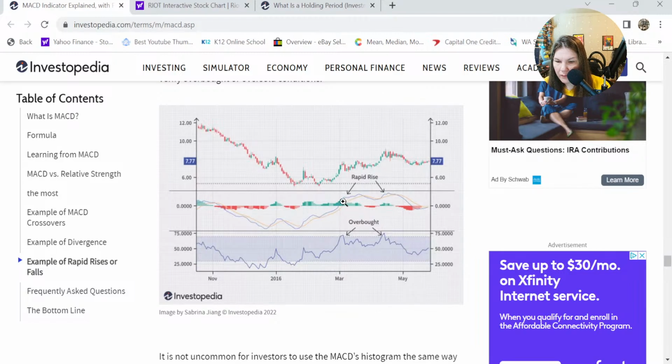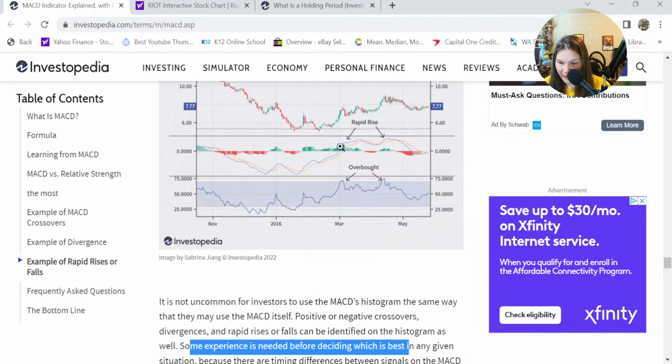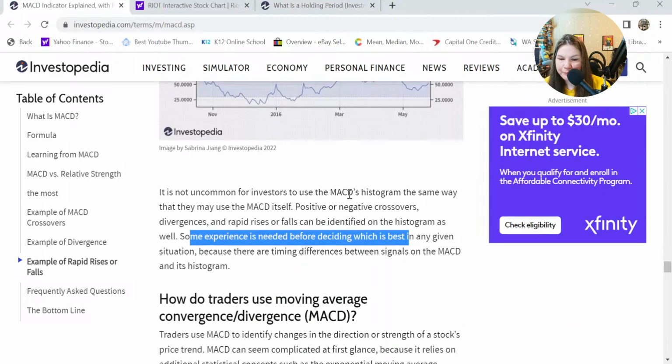Here it's bright green and there's a bunch of them. Here it's not as clear to me on the histogram, because this histogram seems littler than this histogram, but there's not a rapid rise right there. And this one even seems bigger. So I agree that some experience is needed, because we'll have to look at a bunch of those before we understand how the histogram could show us a rapid rise and overbought.